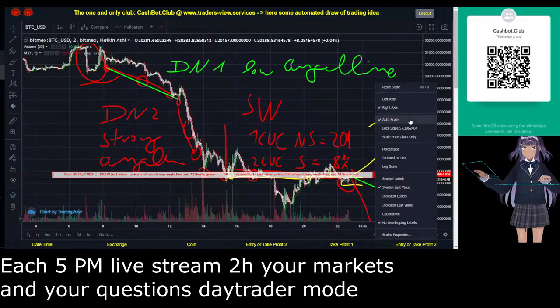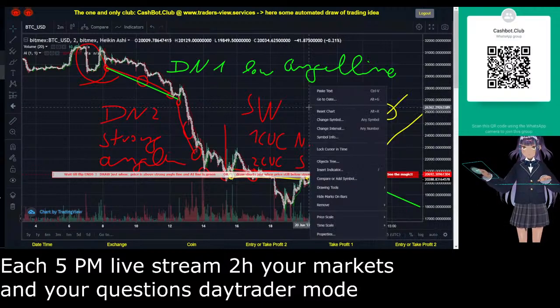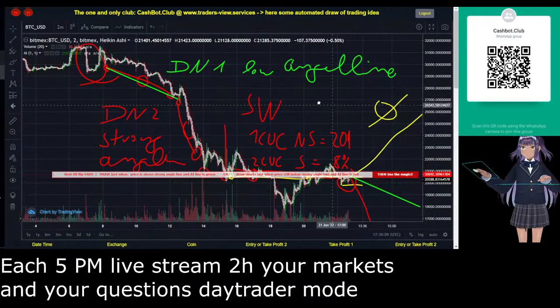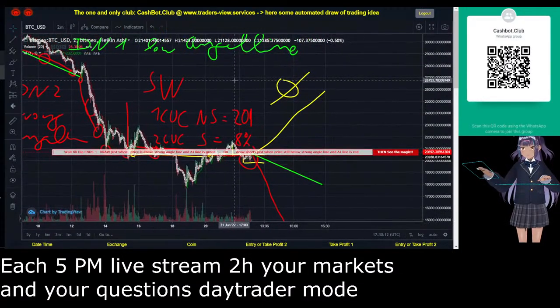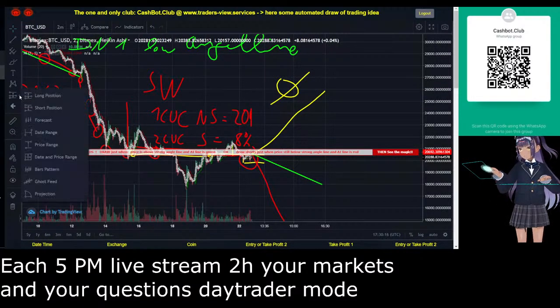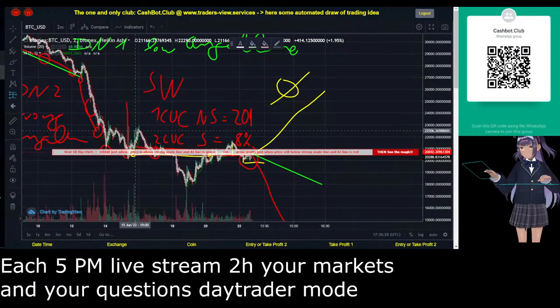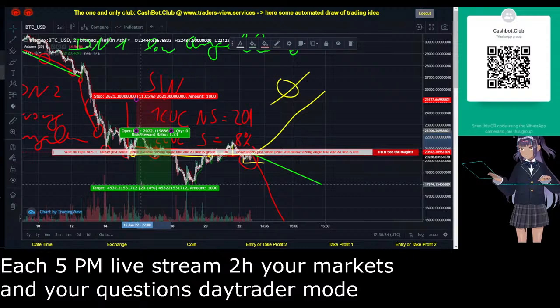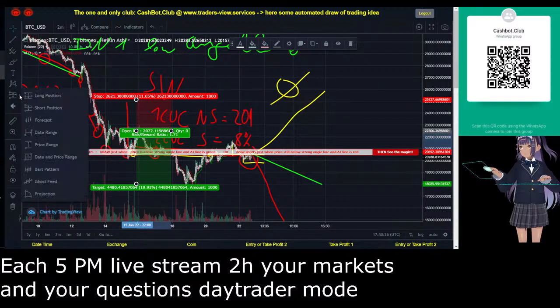So we will compare in the next point why Bitcoin Cash makes more money in the same time frame than Bitcoin. So let's look again at this sideways and you see what is inside. CUC 1, 20%.